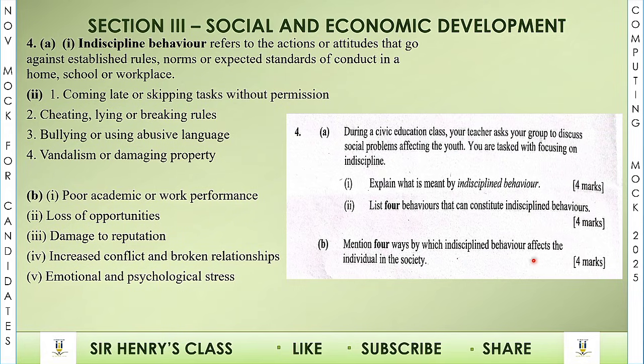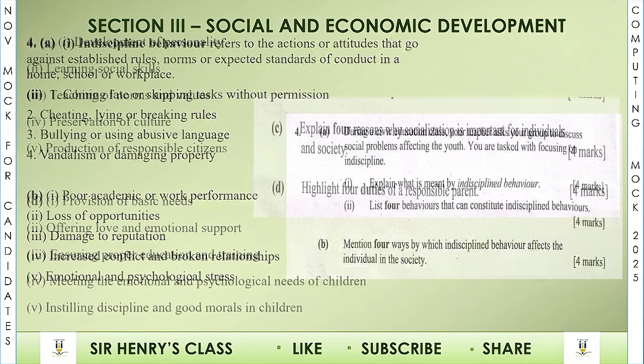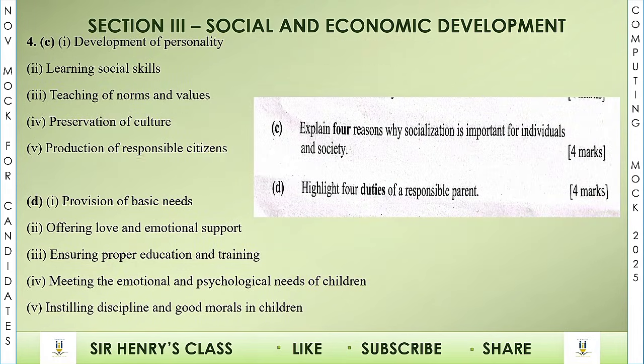4B says mention 4 ways by which indisciplined behavior affects the individual and the society. So effects can lead to poor academic performance, loss of opportunities, damage to your reputation, increased conflicts, among others. Then 4C says explain 4 reasons why socialization is important for individuals and society.